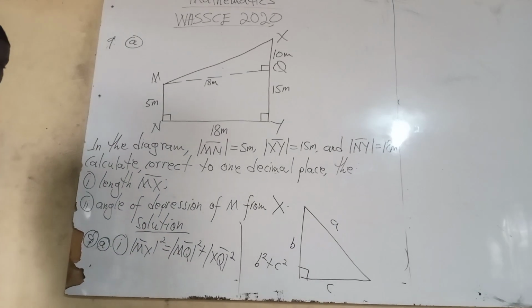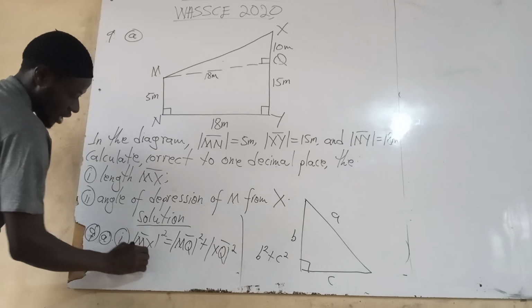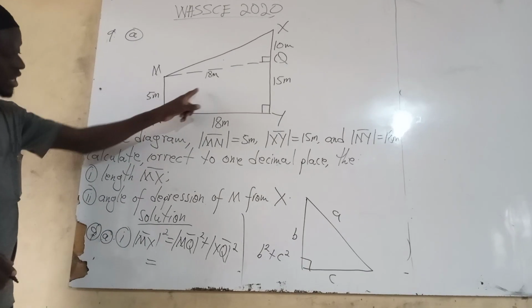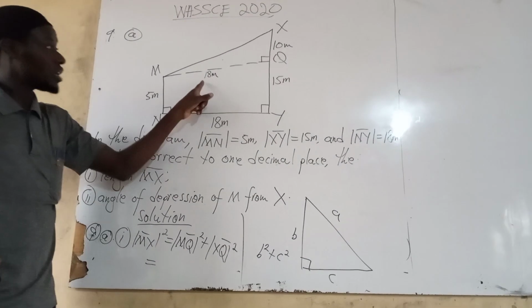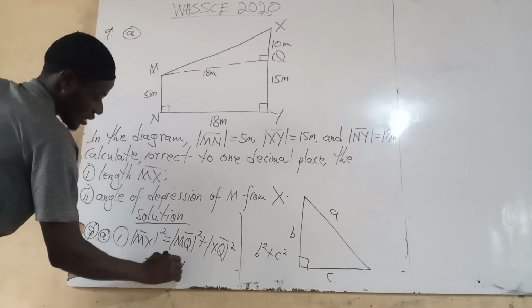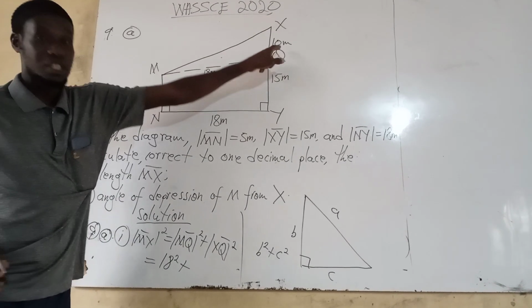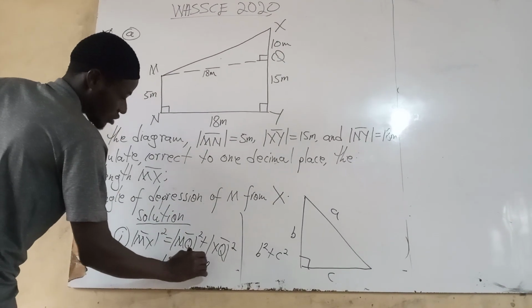But we know from the diagram that the length of MQ is 18, so that's going to be 18 square plus XQ, that is from here to here, is 10 square.